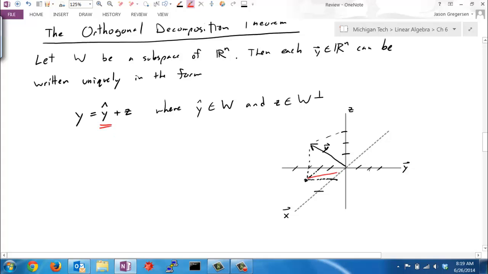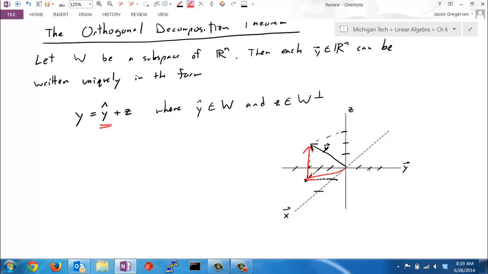In our picture, it's going to be this vector, where I can take that vector plus this vector to get to y. And it's not like I can just take any two vectors to get here, but both of these vectors are special. This one's in the subspace, and this one's in the orthogonal complement to that subspace.